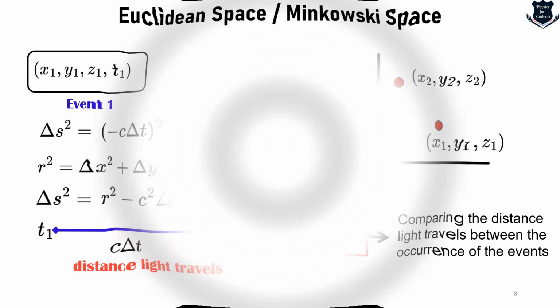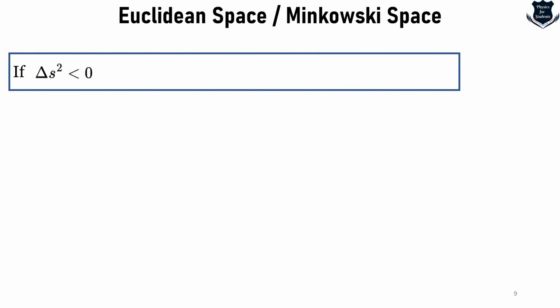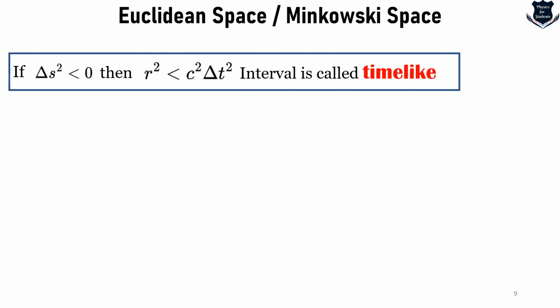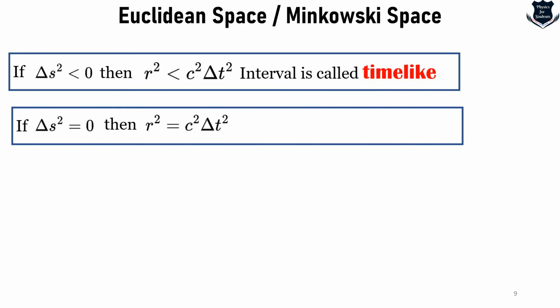Now what do we come across here? If delta s squared is less than 0, that means r squared should be less than c squared delta t squared. We call it time-like. And if delta s squared is 0, then obviously r squared will be equal to c squared delta t squared. We call it light-like.